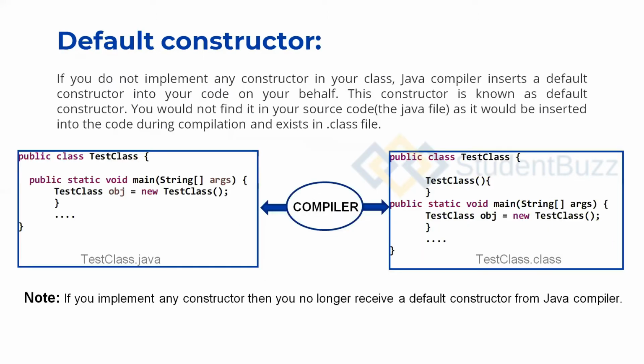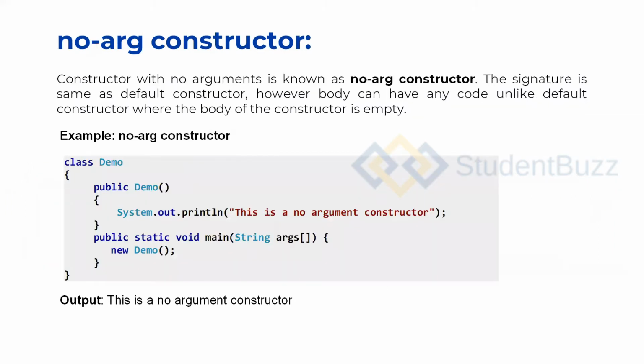We understand that, and from the example we have seen, if you have not defined a constructor in the source code, it is inserted automatically on your behalf. If you have declared any kind of constructor, it will not have a default one.